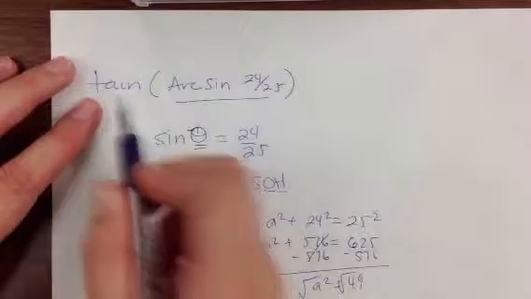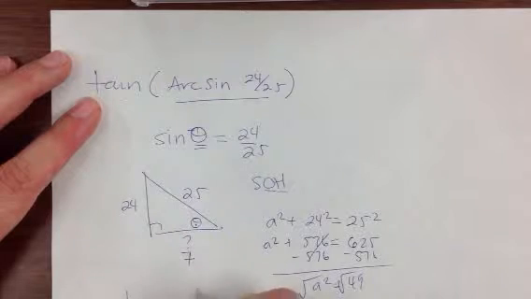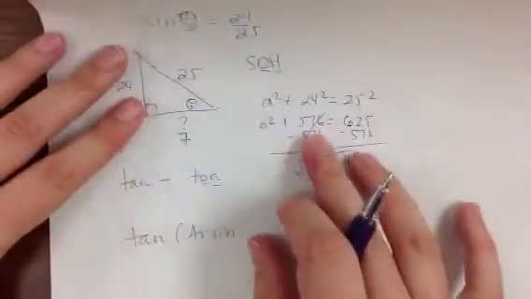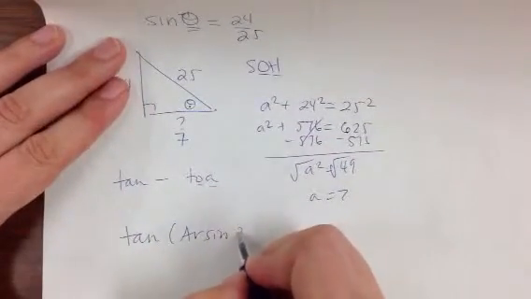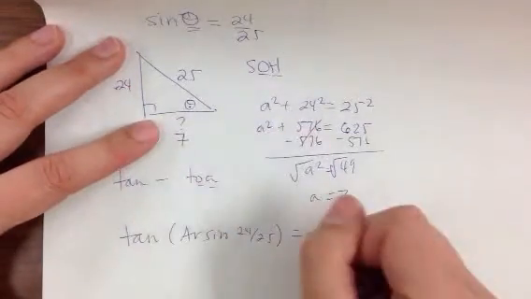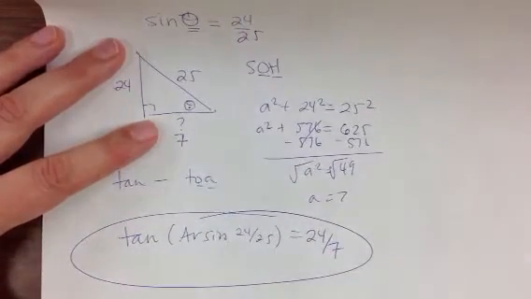So now I just want to know the tangent of theta. Tangent is the TOA, opposite over adjacent. Opposite 24 over adjacent will be 24 over 7. So the tangent of the arc sine of 24 over 25 is 24 over 7, and that's my final answer.